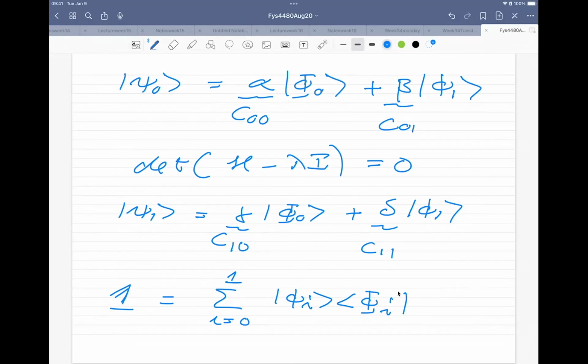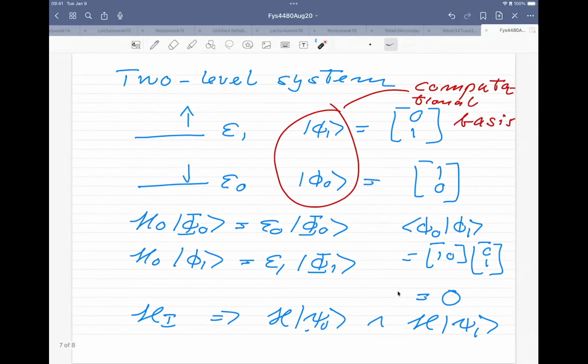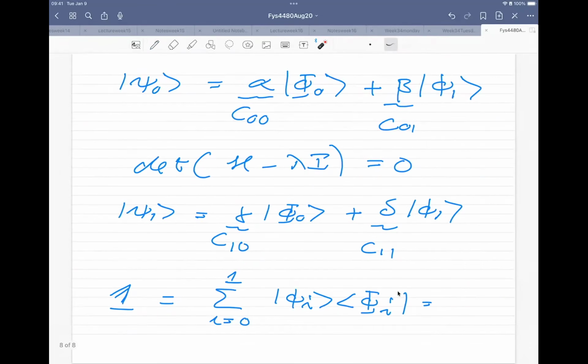If I do the math here, if I write these 2 matrices, if I take these 2 vectors, which I have defined here, so these are the 2 guys, you take the outer product of these, and if you do the outer products of these 2 guys, you will see that this gives you the identity matrix. And I'm going to show you that explicitly on the next page. So this is what we want.